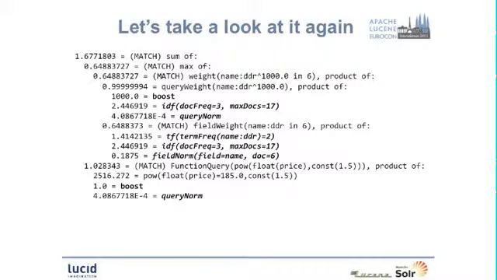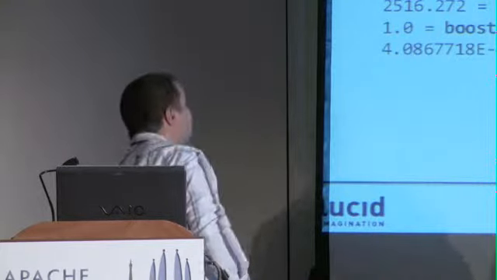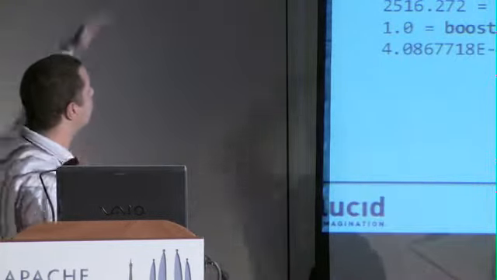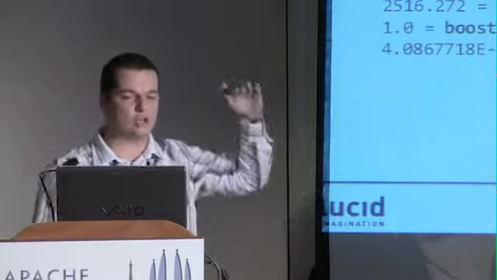This is the same explain information we saw a minute ago, but this time the things I talked about a second ago are highlighted, bolded. As you can see, the explain shows some information for us. On the top of the explain, you can see the score of the document for the given query.